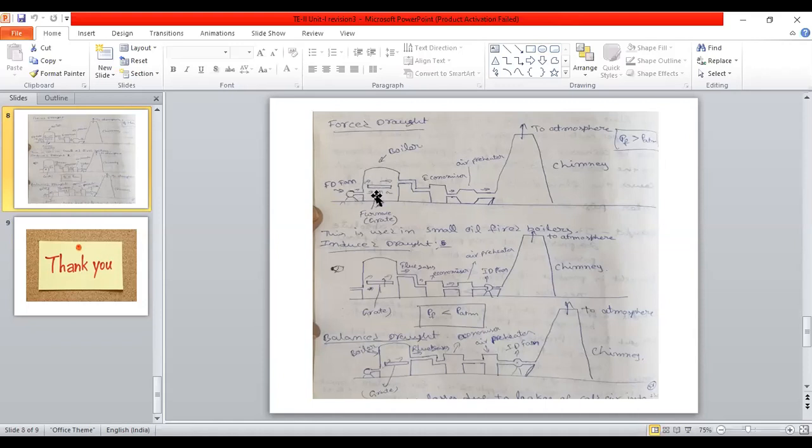Here we are forcing the air into the combustion. After complete combustion, the gases will be exhausted into the atmosphere. In forced draught, the furnace pressure is greater than the atmospheric pressure.